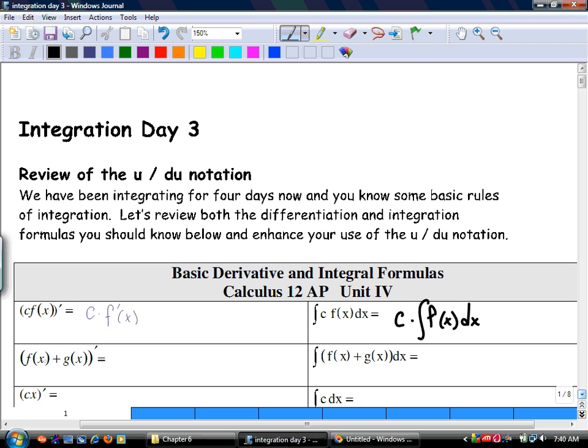The derivative of two functions being added together is the derivative of each function added together. The antiderivative of each function is the antiderivative of each function being added together.